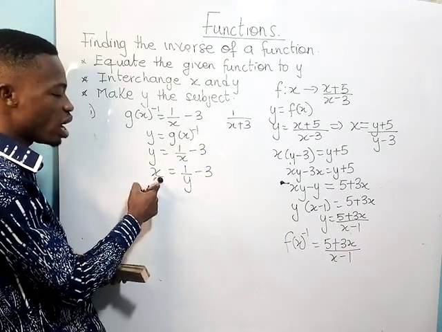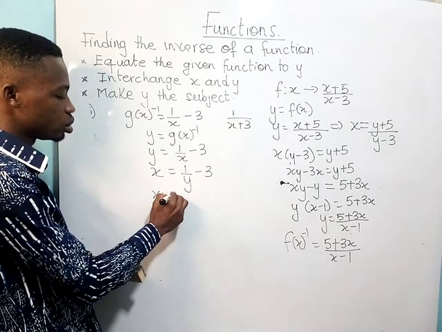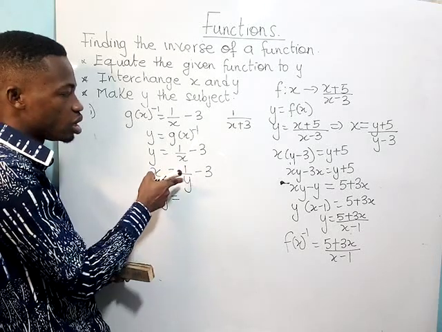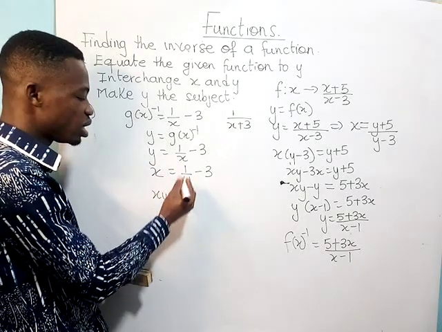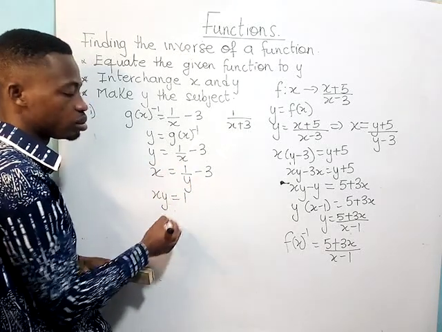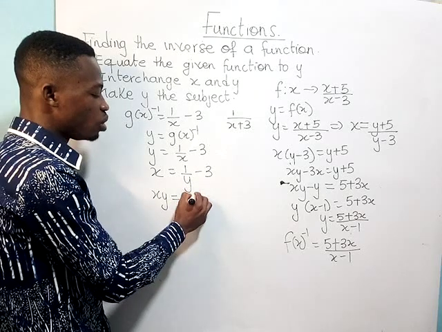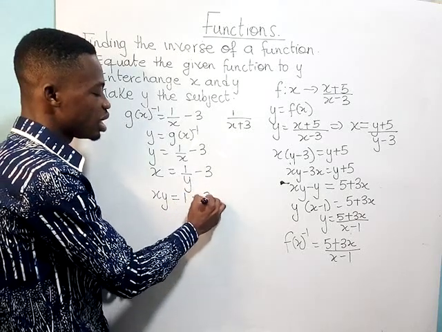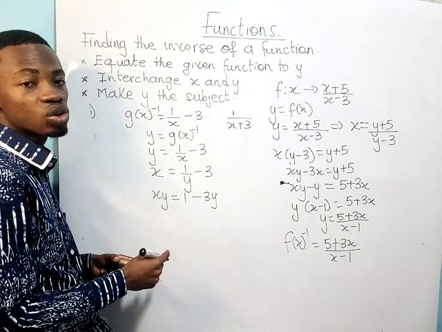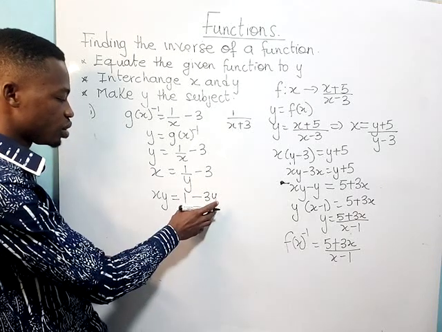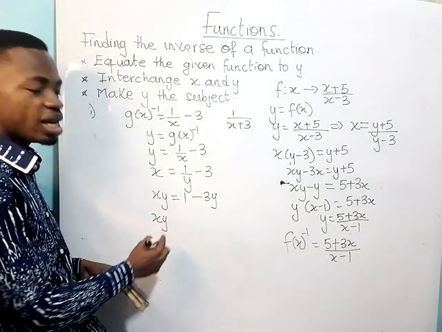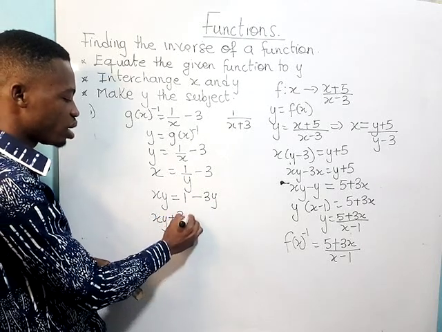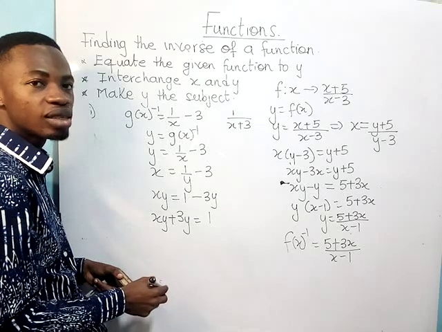So we are going to have y times x, which is xy. Now, y multiplying 1 over y will give us 1. Then y multiplying minus 3 will give us minus 3y. Our focus is to make y the subject. So here, let's see. We have xy here. Minus 3y becomes plus 3y is equal to 1.